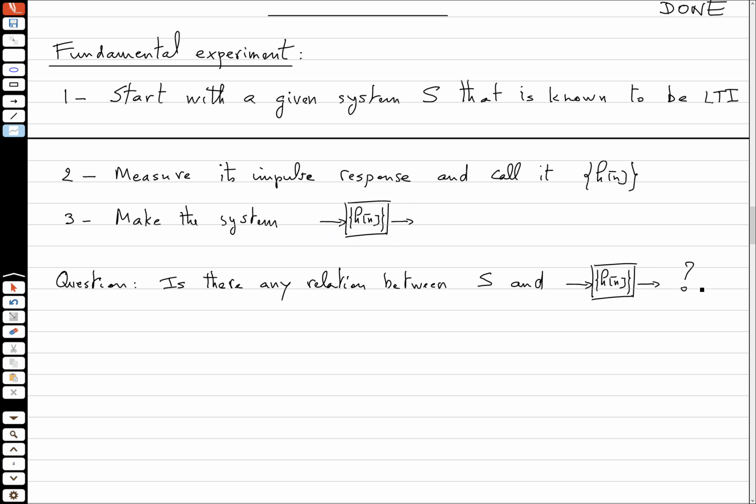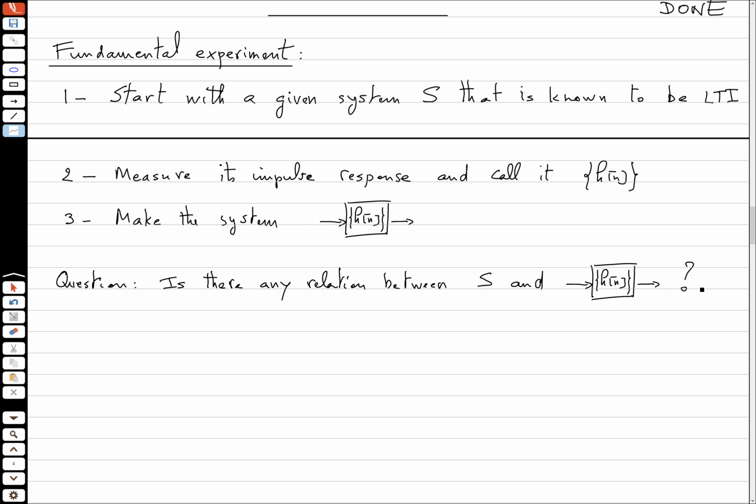You cannot answer? I'm waiting. You say something. Yes? Can you give me the final answer? All right, can you give me that relation? No. Here you gave me the relation between S and h of n.